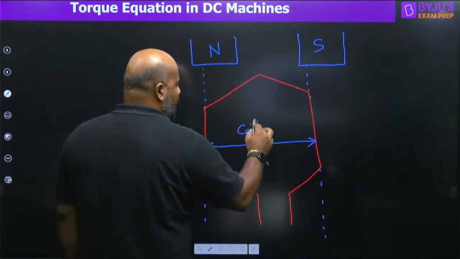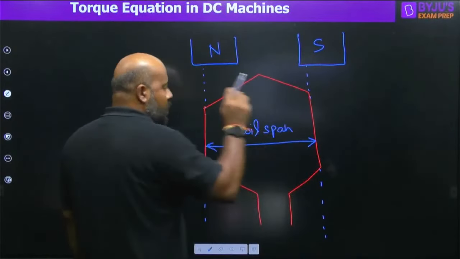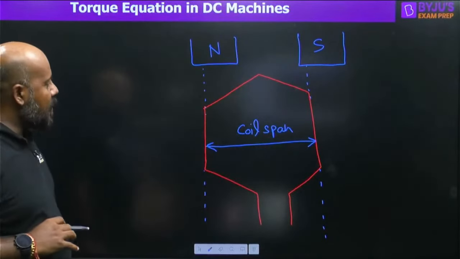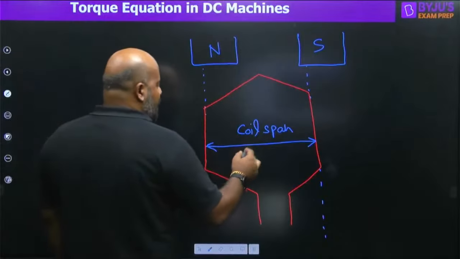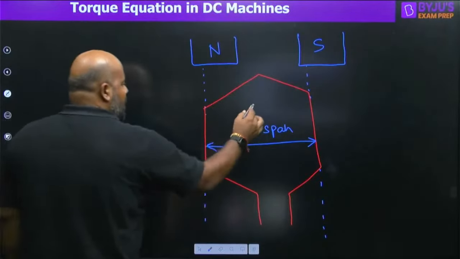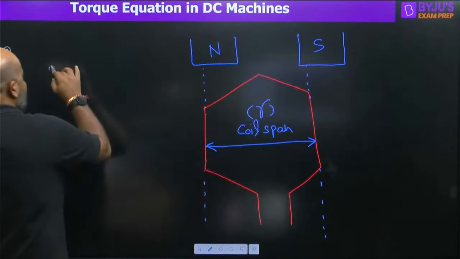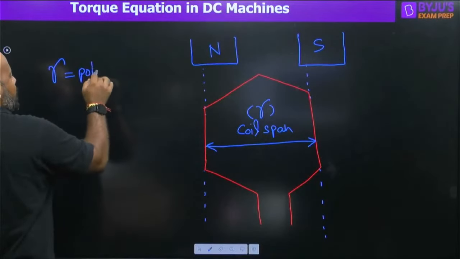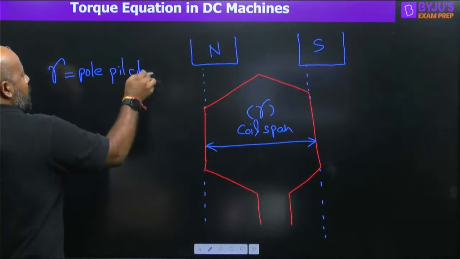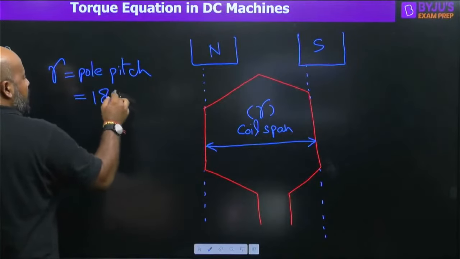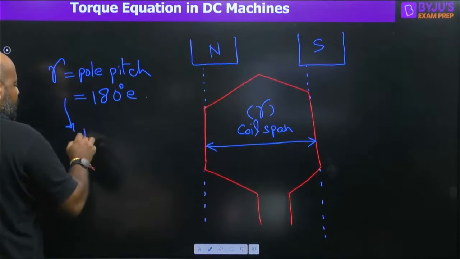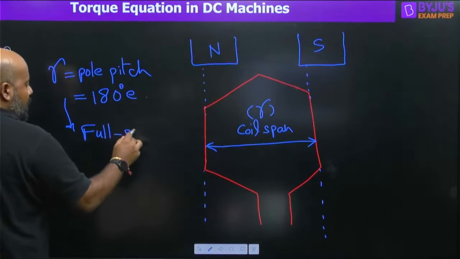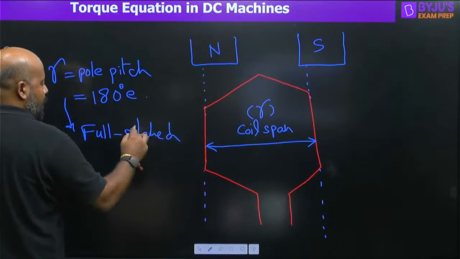This is the coil span. This is also called coil pitch. Now this coil span, suppose we call it gamma. If this gamma is equal to the pole pitch, what is pole pitch? Pole pitch is 180 degree electrical, then this is called a full pitched coil.